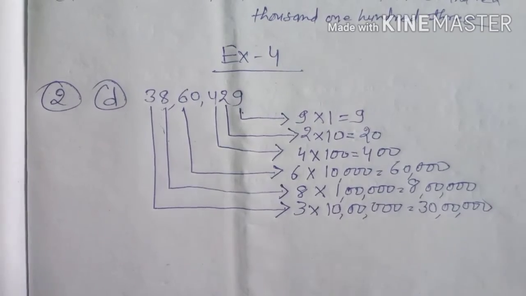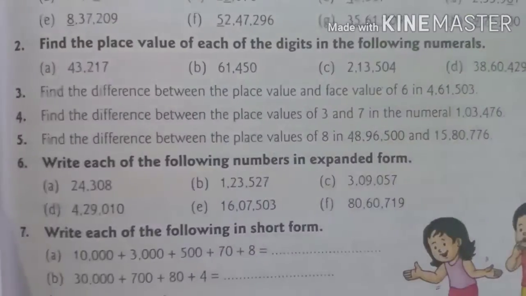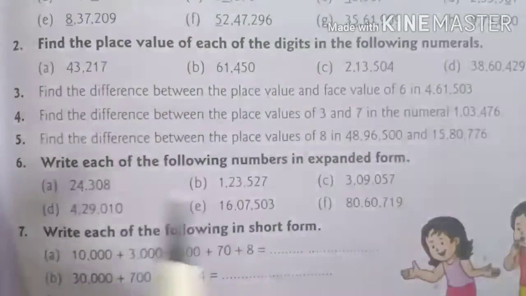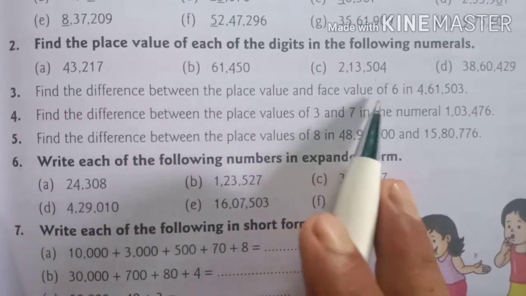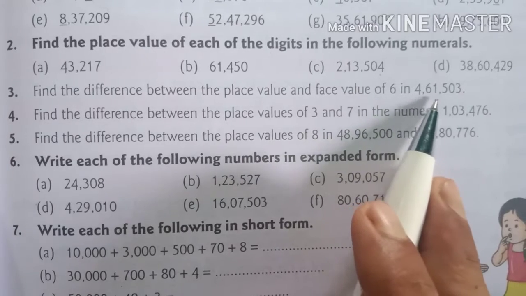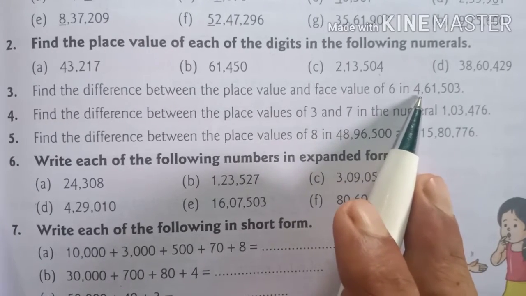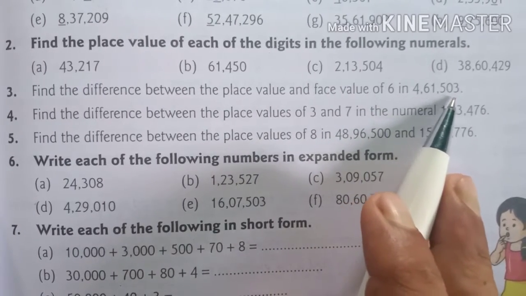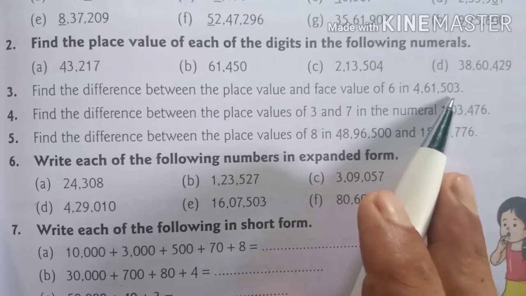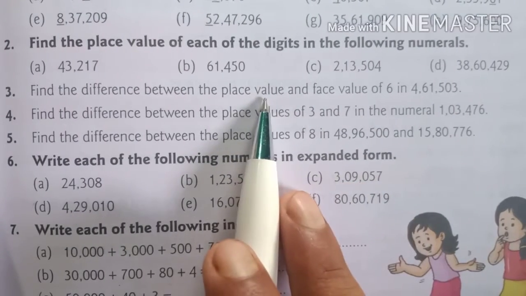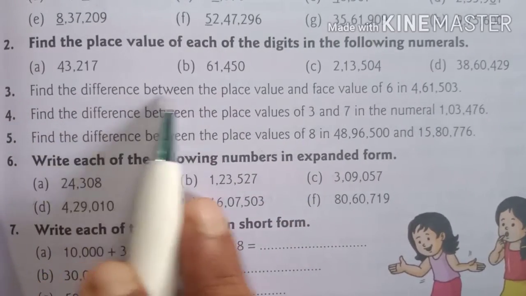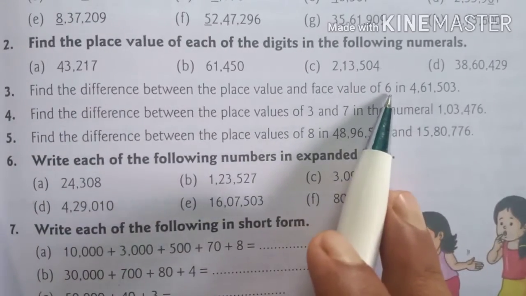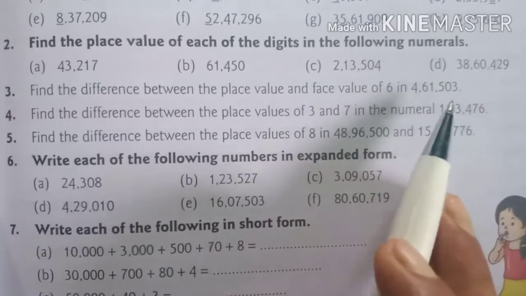Okay, come to the next question. See student, question number 3. Find the difference between the place value and face value of 6 in this numeral: 4,61,503. So in this question you have to find the difference between the place value and face value of 6.